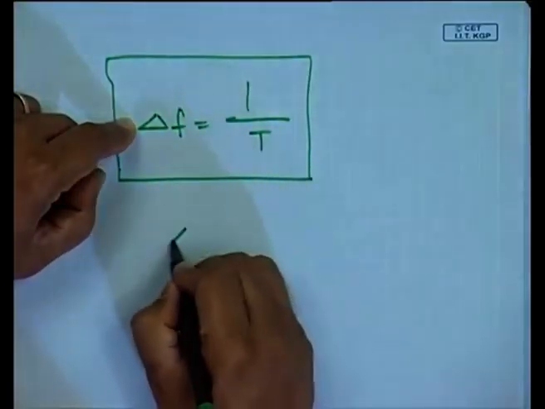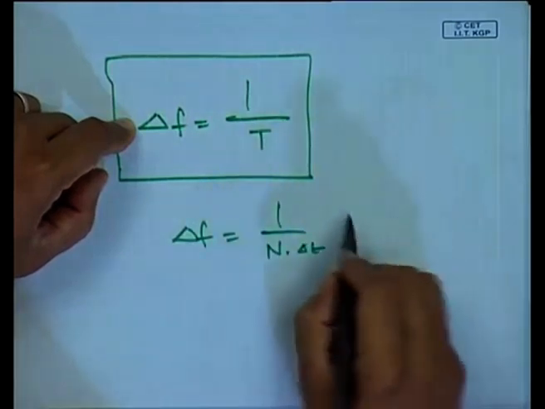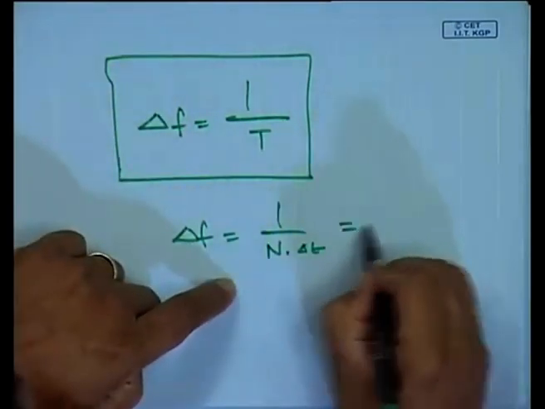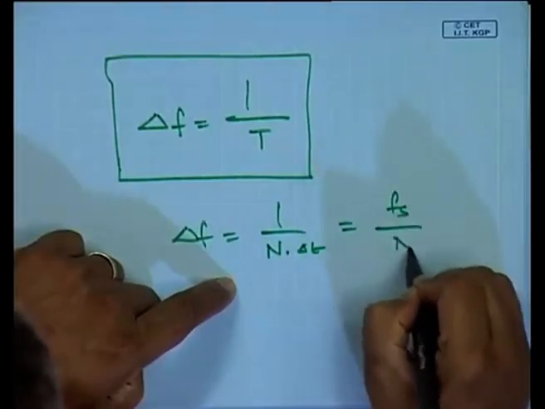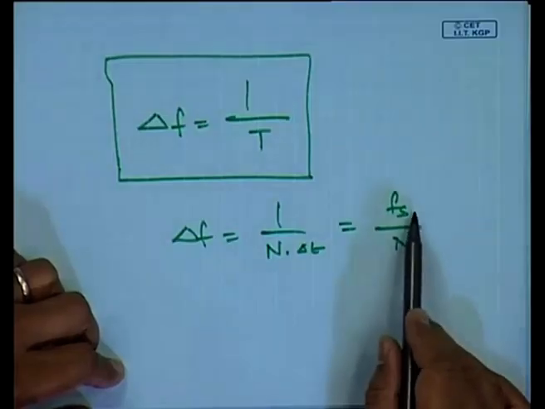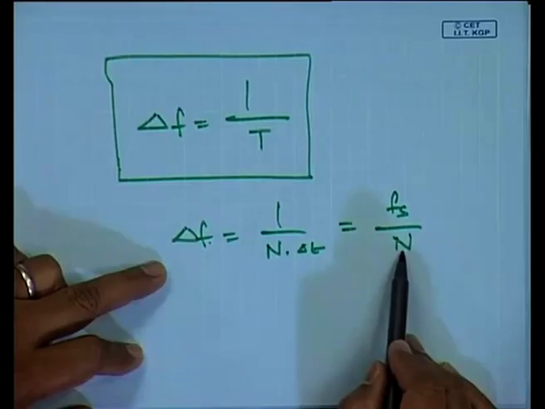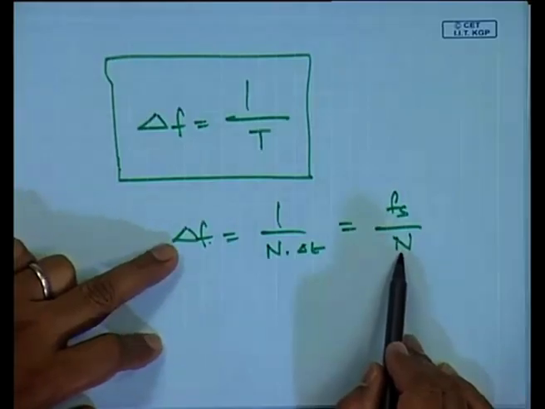Because delta f is equal to 1 by n delta t, because T is equal to n times delta t, this is nothing but sampling frequency by n. So, if my sampling frequency is fixed, I can have an improved resolution only if my n is large.